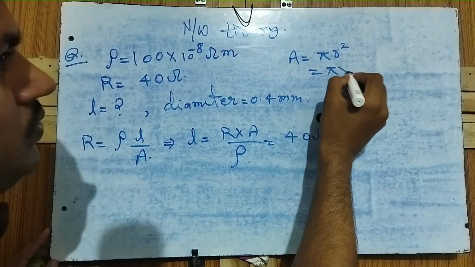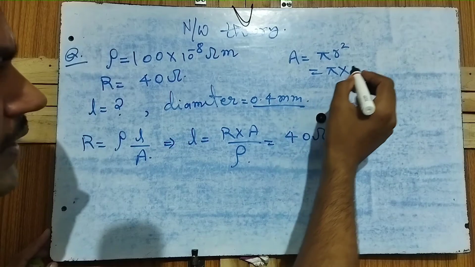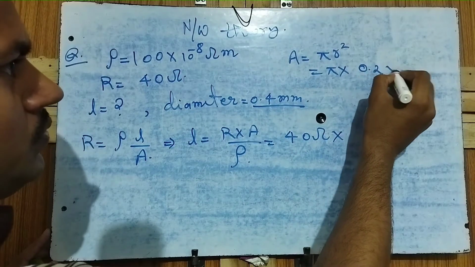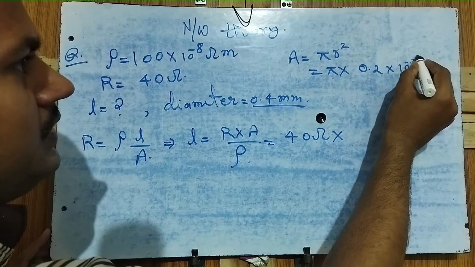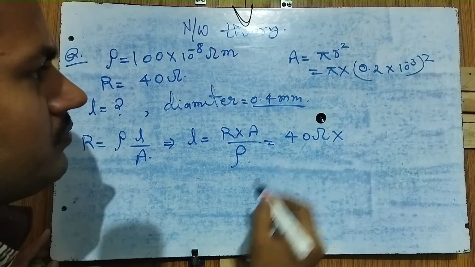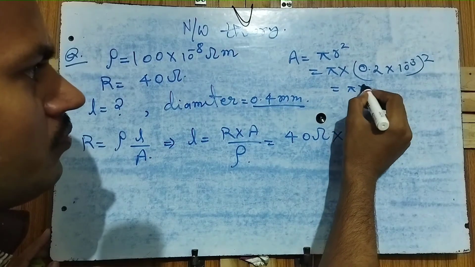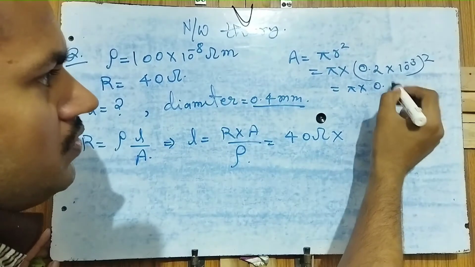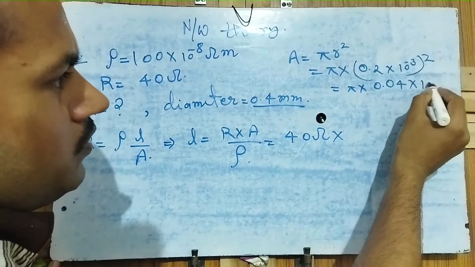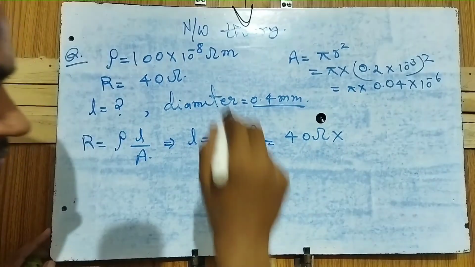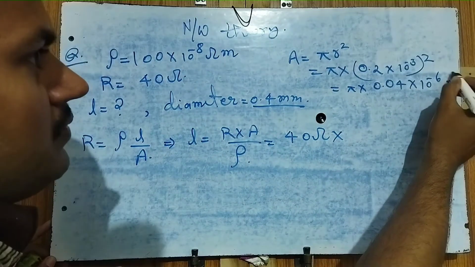So pi into what is r? 0.2 into 10 power minus 3, square. So this will be pi into 0.04 into 10 power minus 6 meter square.